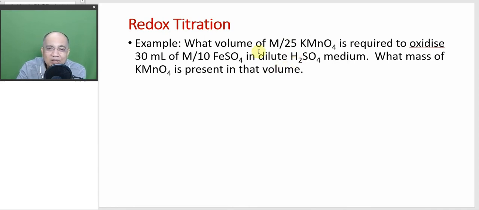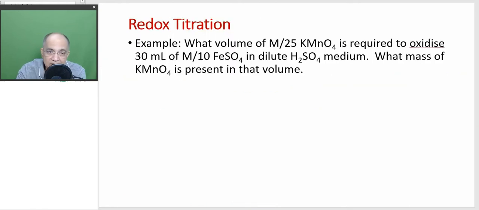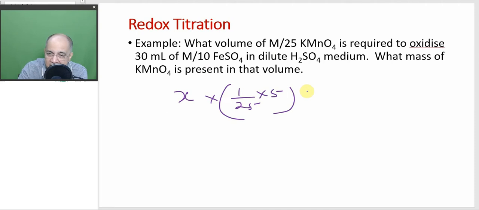So once you know the normality, V1N1 equal to V2N2 is readily available. So you have done this problem. Let us do it together. This is very simple. Say volume X into 1 by 25 into the N factor 5 for potassium permanganate, and here it is 30 into the N factor 1, so 1 by 10.